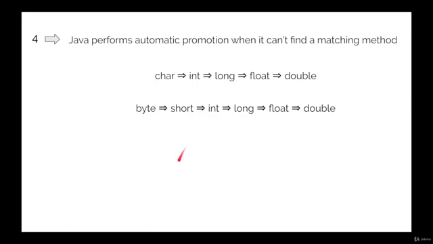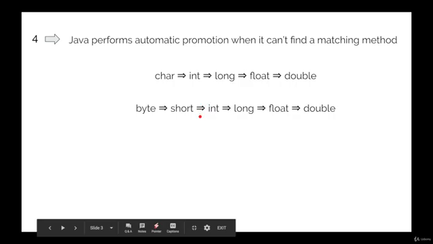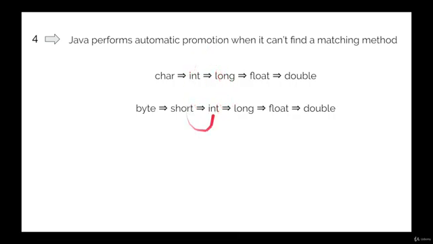First it tries performing these automatic promotions and tries to find the matching type. And if the compiler doesn't find the matching type even after doing the automatic promotion, it throws the error. So this is a very important rule, and please memorize this. This is also repeatedly asked in interviews to my students.